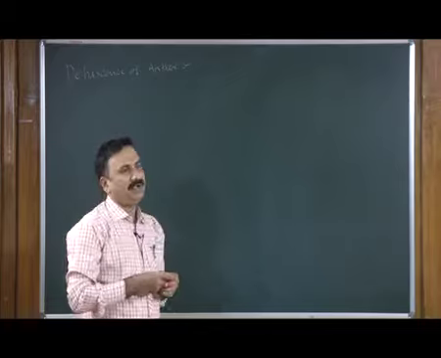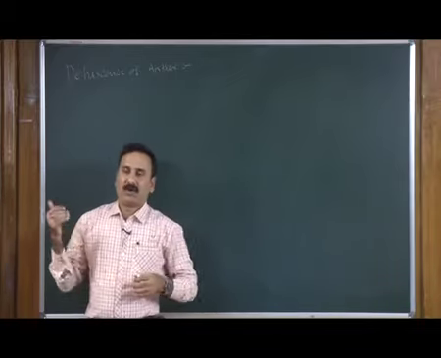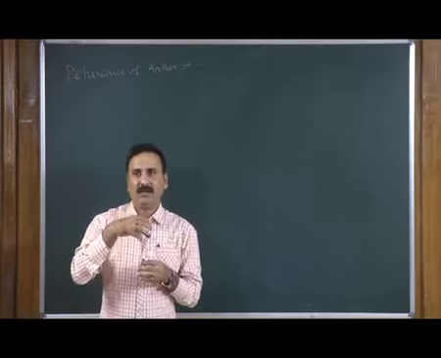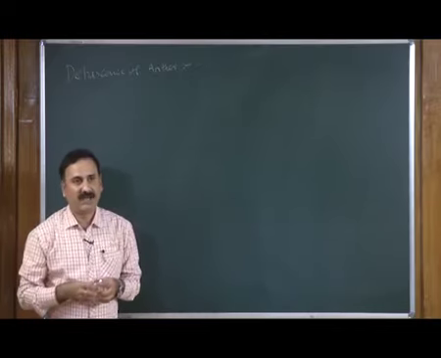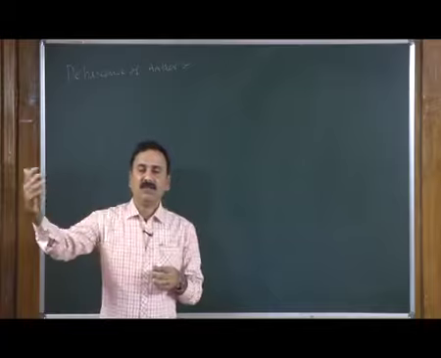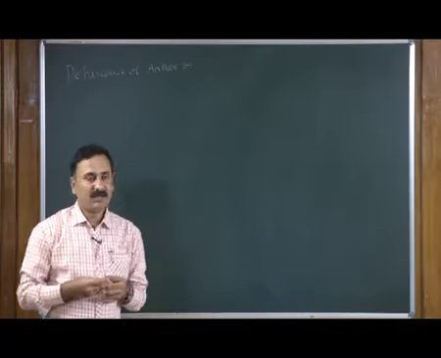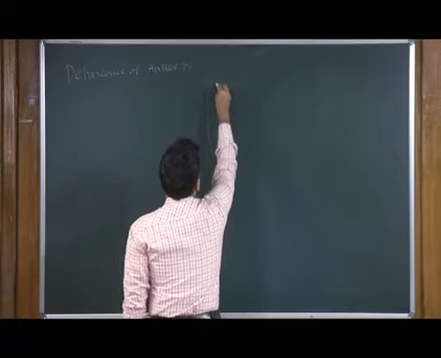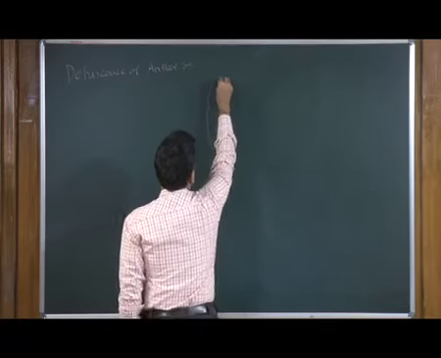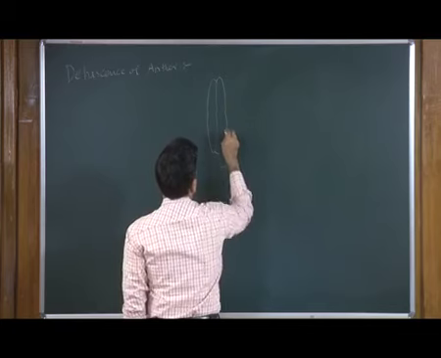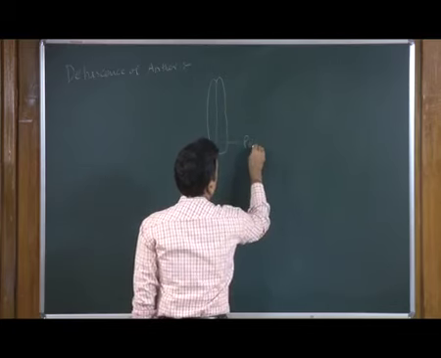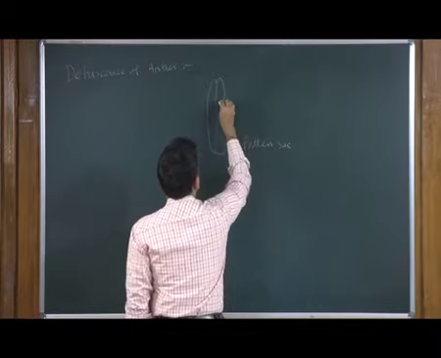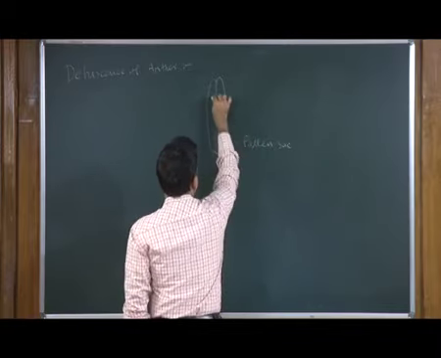Dehiscence of anther is a process which is required so that the anther becomes fragile and disperses the pollen grains into the environment. You can imagine this is the anther, and this is the pollen sac. So, one sac and two sacs.